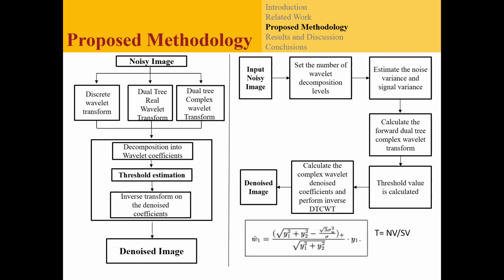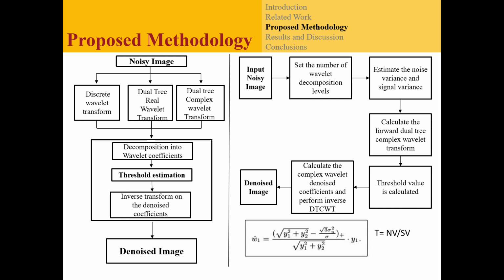And we also have our proposed methodology. When there is a noisy image, there are three techniques: discrete wavelet transform, dual tree real wavelet transform, and dual tree complex wavelet transform. With these three wavelet filtering techniques, we see decomposition into wavelet coefficients, where the image is decomposed into wavelets and the threshold is estimated, which gives the required values needed for the image.